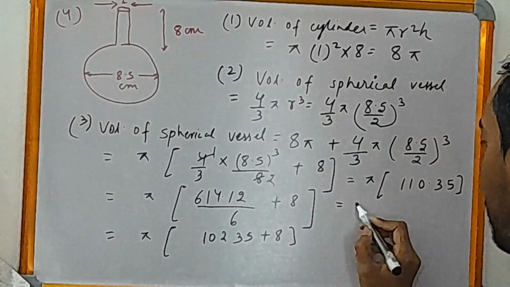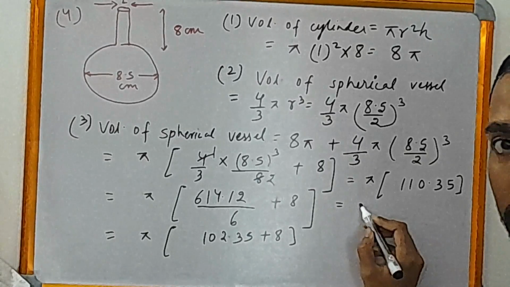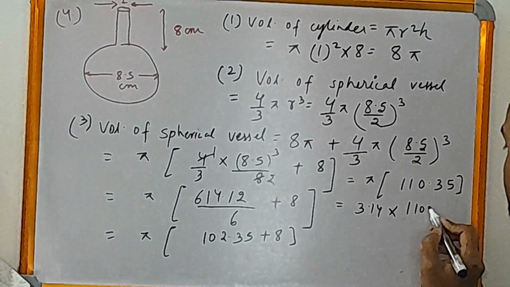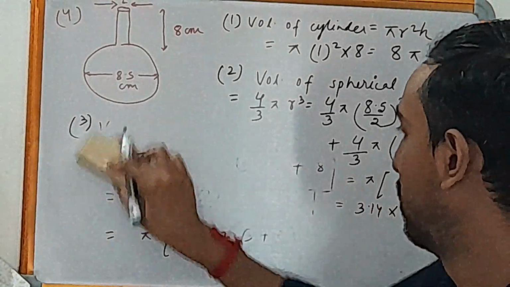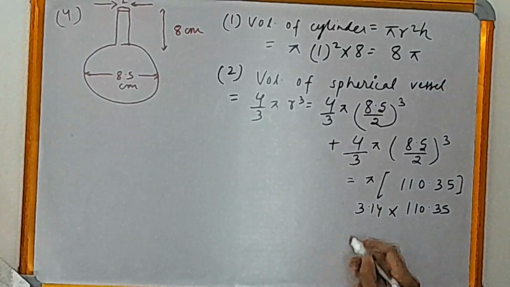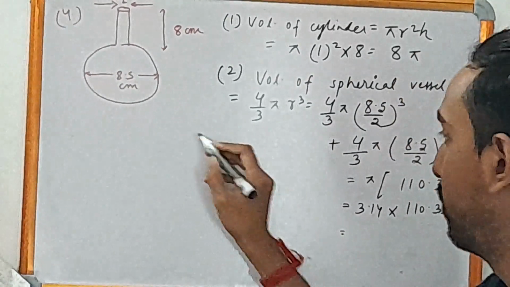Now use this formula. In place of pi, we will use 22 by 7. I just use 3.14. Now let's multiply 114 by 110.35.